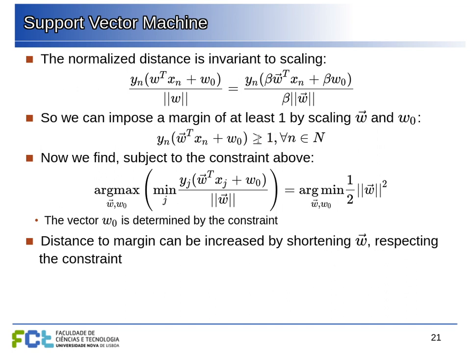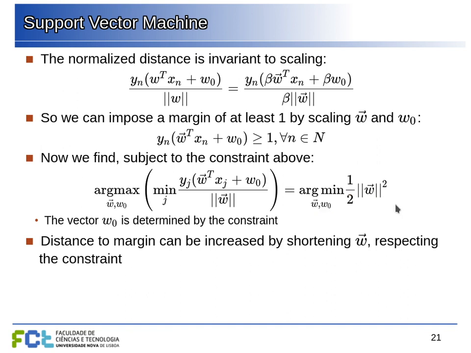So the idea here is that instead of trying to solve that maximum of the smallest distance problem, which is a very difficult problem that creates discontinuous derivatives, we subject everything to this constraint here. It means that for all the points, the product of this expression and the class of the point will be at least 1, and then we just try to minimize the size of the vector.